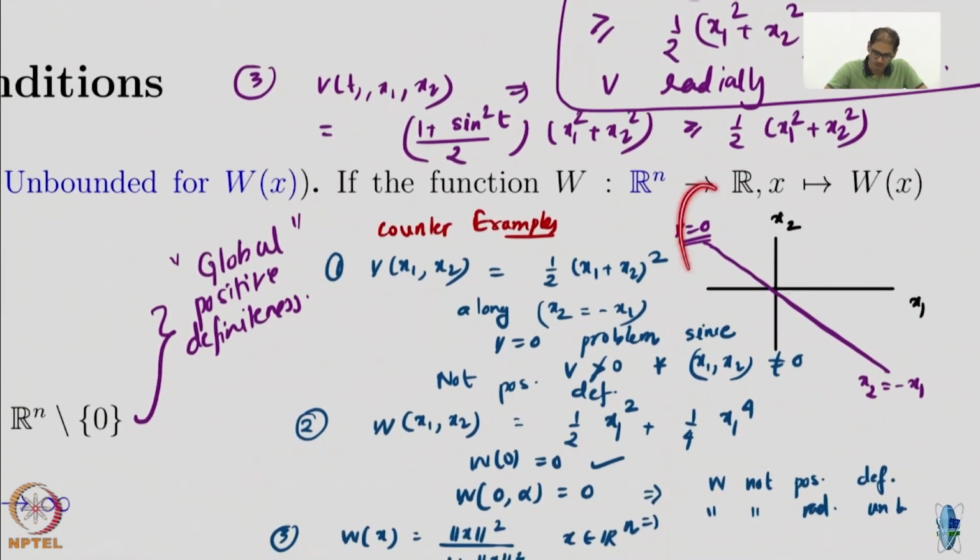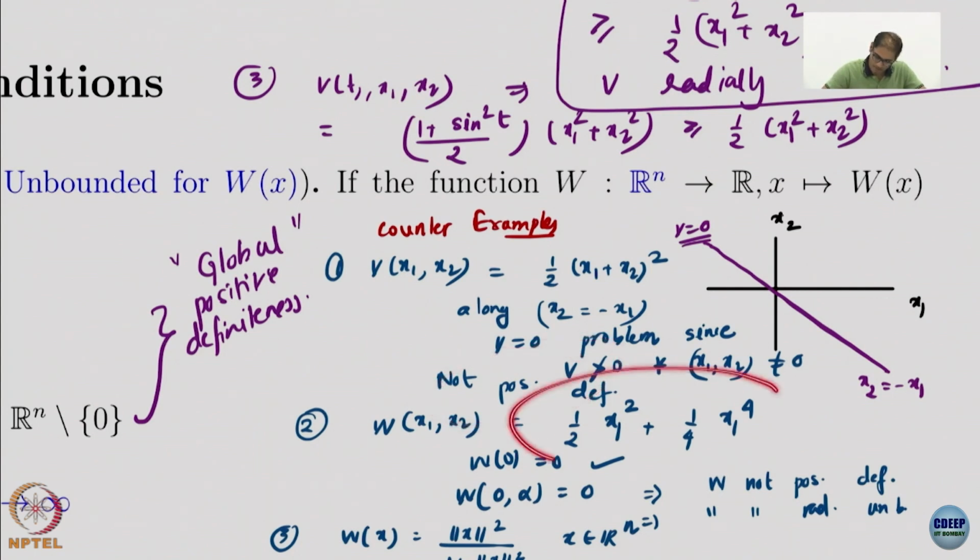This does not satisfy our easier test. The easier test requires, for all possible non-zero states, and these are obviously non-zero states, that V or W has to be strictly positive, which it is not. So that is a problem, not positive definite.